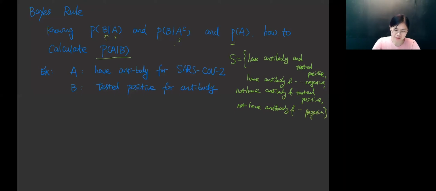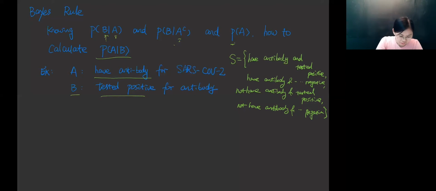So the sample space contains 4 outcomes. And the set A means you have the antibody for the virus, and B means you tested positive for the antibody.